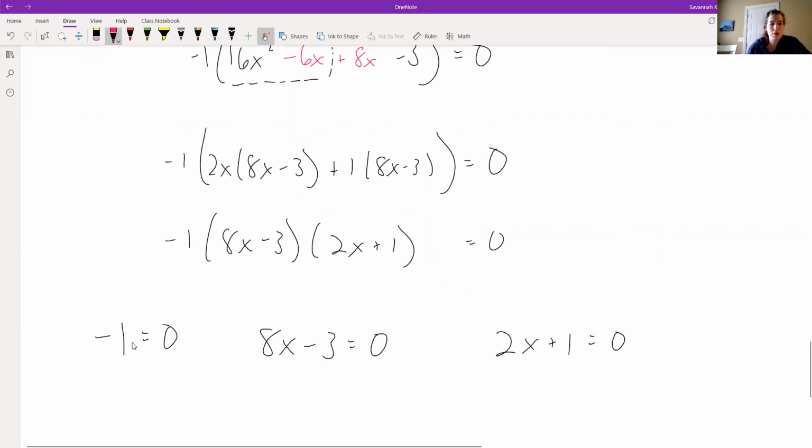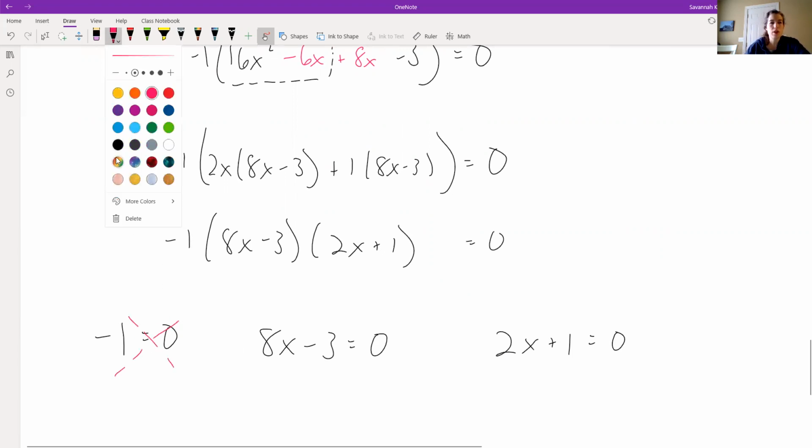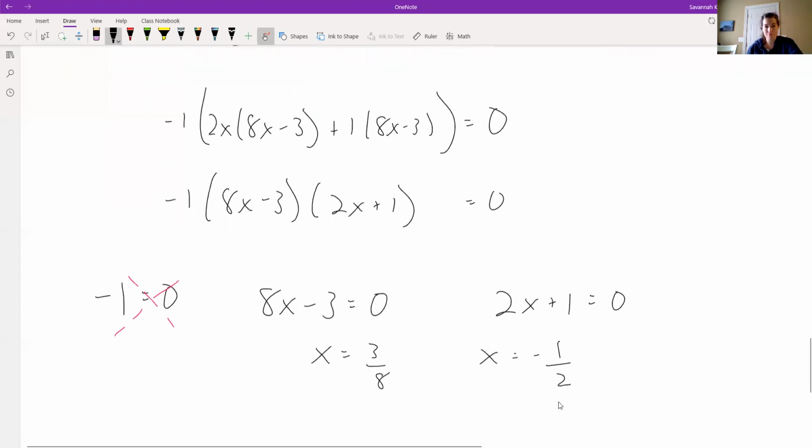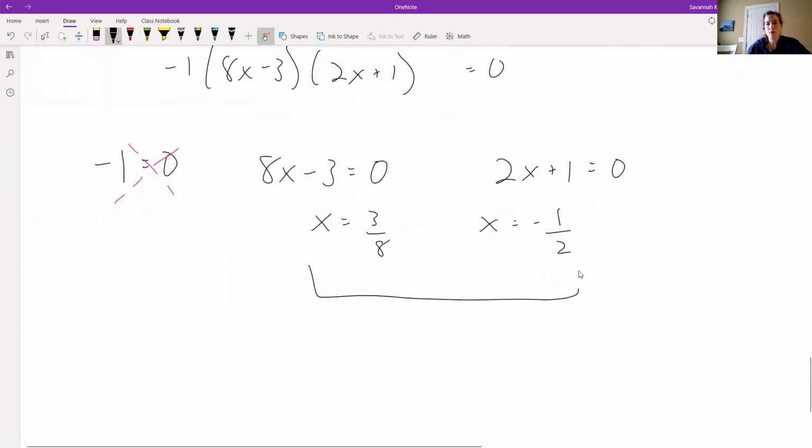There's no x there, so we can cross that out. Okay. Moving everything around, x is going to equal 3/8 and -1/2, maybe. These are our possible solutions.